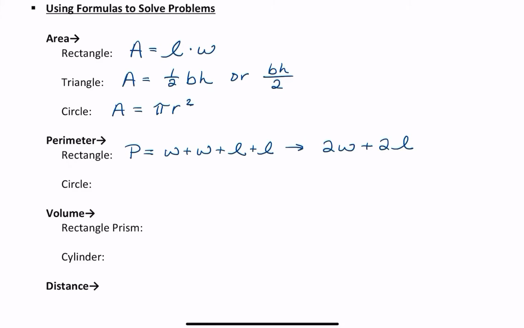Now, perimeter of a circle is actually the circumference of a circle, which is 2 pi r. Don't confuse that with area of a circle, which is pi r squared. Area is the squared one. Remember square units. Perimeter is just feet or inches, the one-dimensional, so it's 2 pi r.